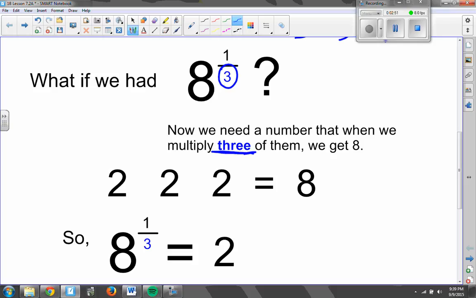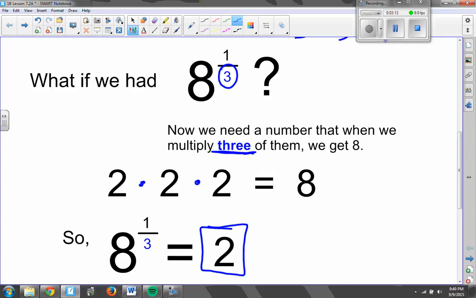Hopefully, you can think through some of the small numbers and find out that that number is 2. If I list out 3 2s and multiply them together, 2 times 2 times 2 gives me 8. So, 8 to the 1/3 power equals 2.